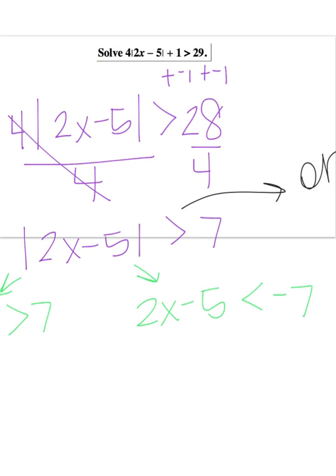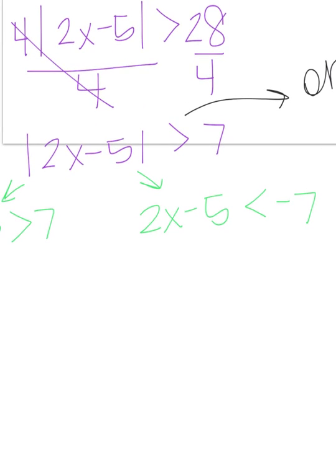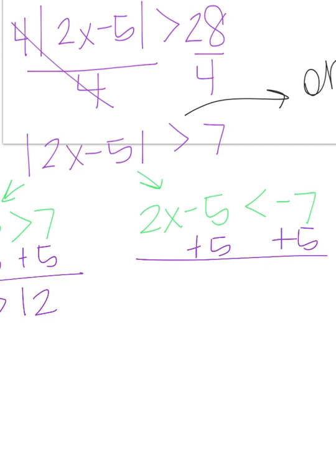So let's go ahead and let's solve this. So the next thing I'm going to do is add 5 on all of them. So my new inequality, 2x is greater than 12, and 2x is less than negative 2.